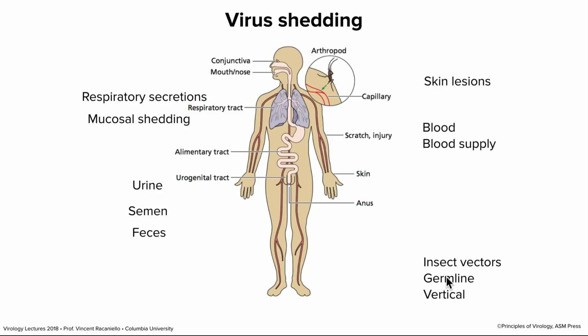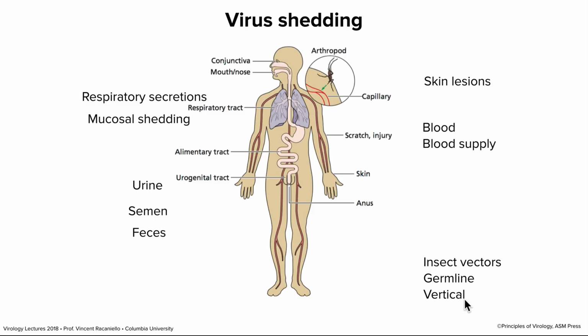These are all non-shedding modes of transmission, right? Because you're not exhaling the virus or transmitting it in the feces, or you're not bleeding. It is taking blood from you in the form of a blood donation or an insect vector. And of course, germline is transmitting it in your DNA. So a few cases where there isn't shedding, but these are all ways that viruses can be transmitted.